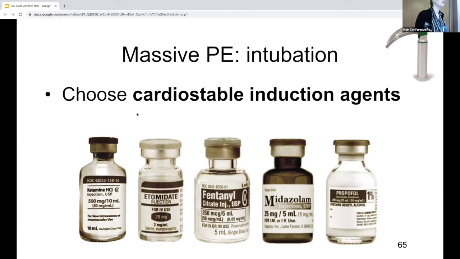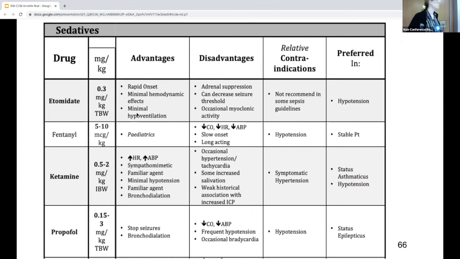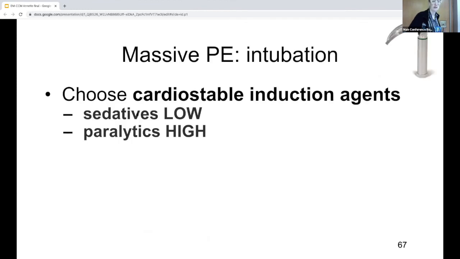Good. Is there another one you would like besides the ketamine? Etomidate, yeah, also does not make the patient hypotensive. Exactly. So this table is way too busy, but it basically shows that fentanyl, propofol, and also midazolam have hypotension as a negative side effect.